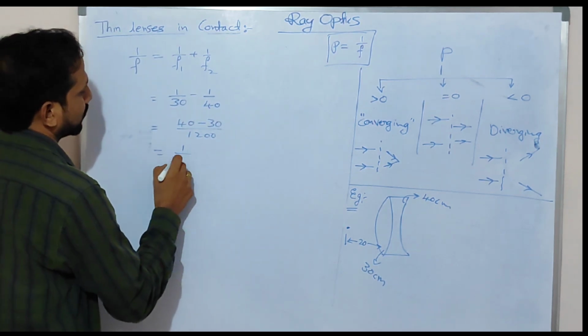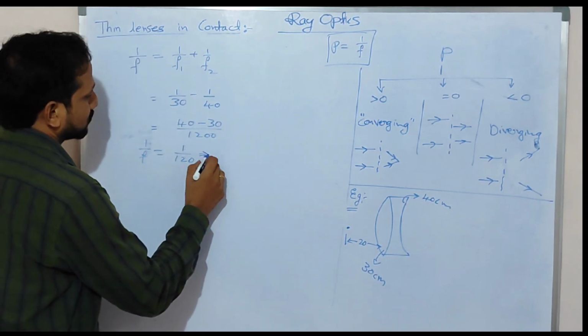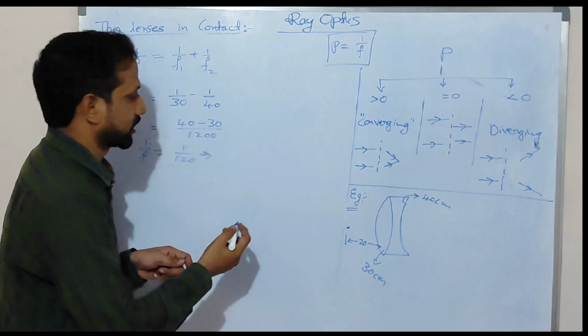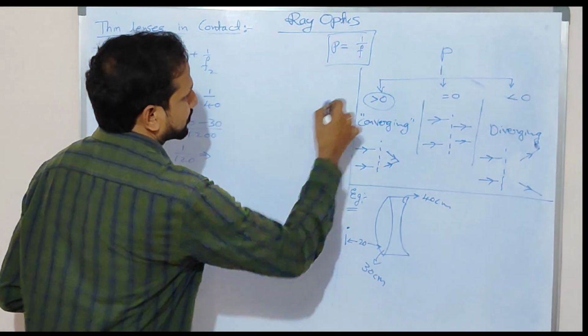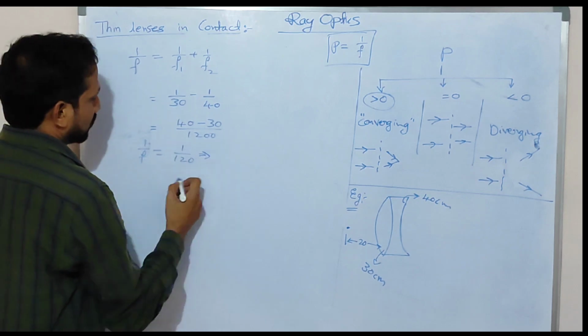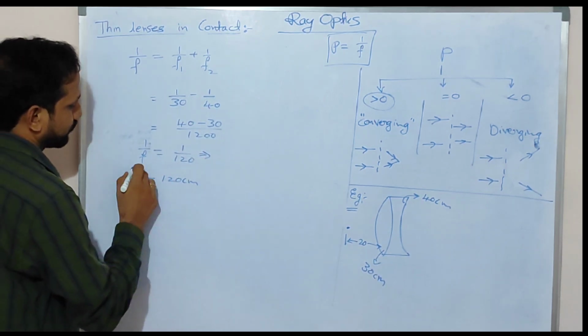Of course it is 1 by 120, that is 1 by f. So 1 by f is nothing but power. Power you got is positive, so it is going to behave as a converging lens. So how much is the focal length? It is f equals 120 centimeters.